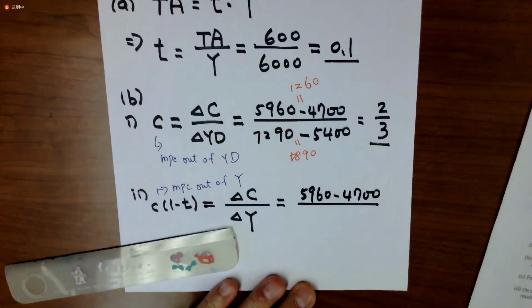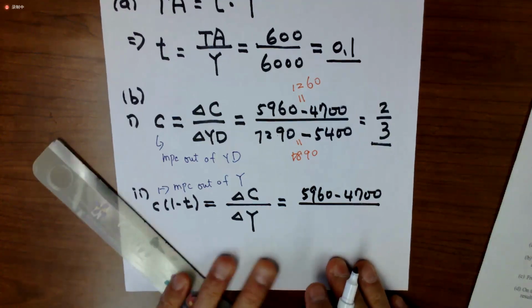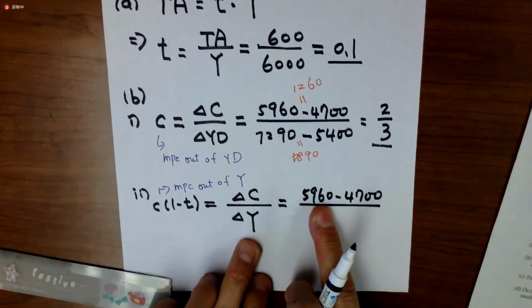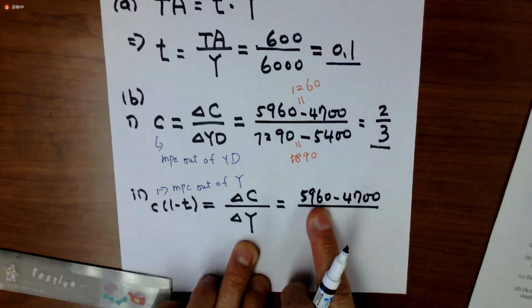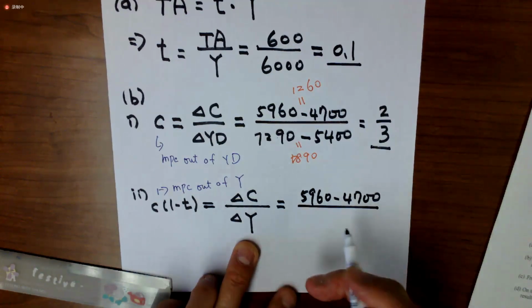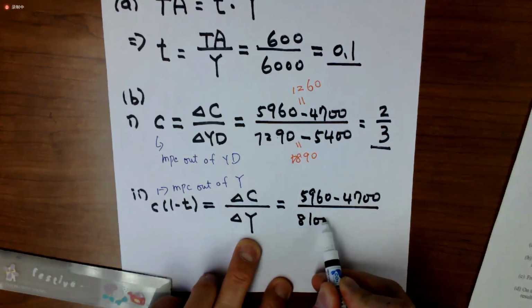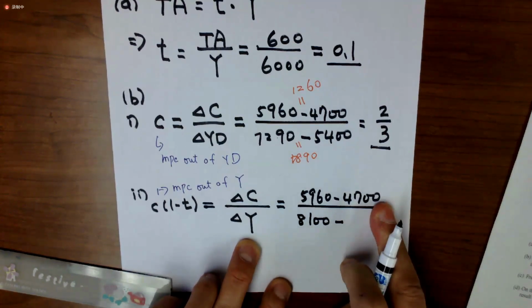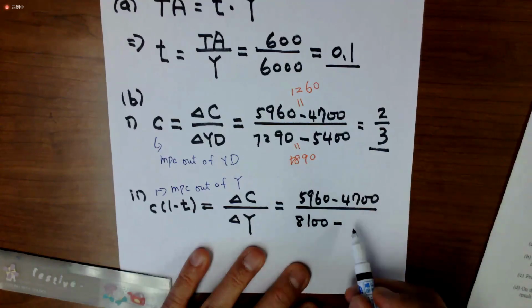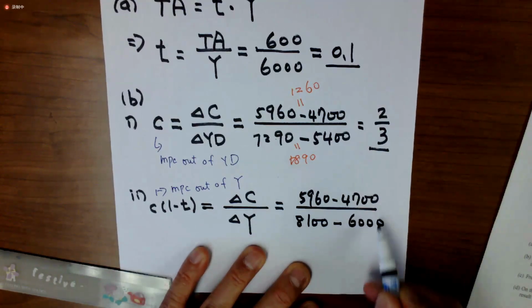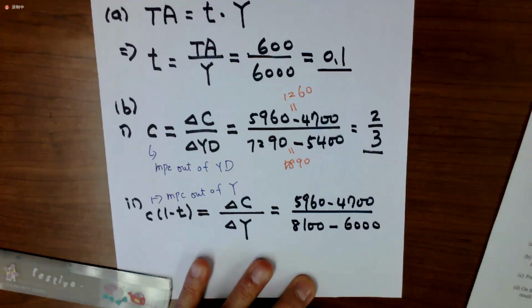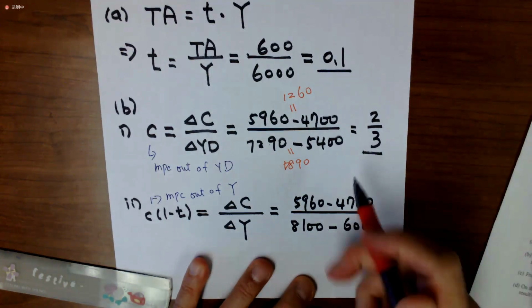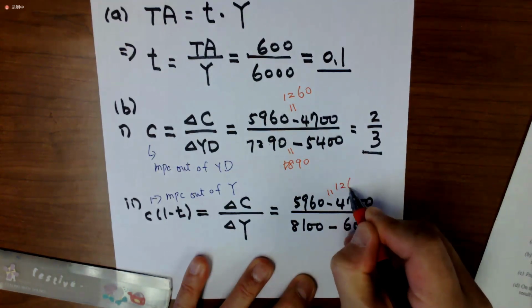And then you find out what's the corresponding income. When my consumption is equal to 5960, then the answer here is 8100. When my consumption is 4700, what is the income I'm making? 6000. So you do the same thing, the top, 1260.